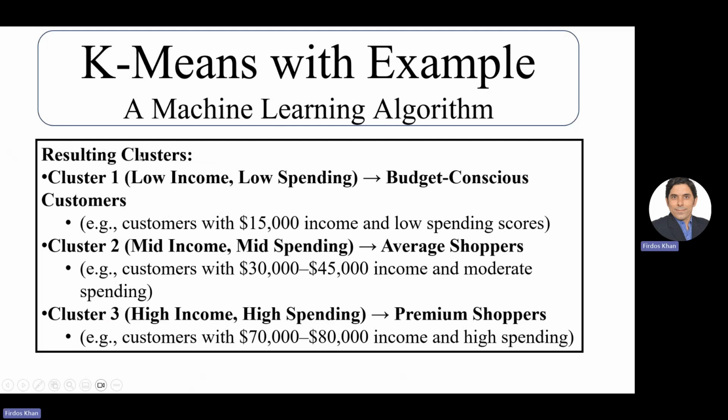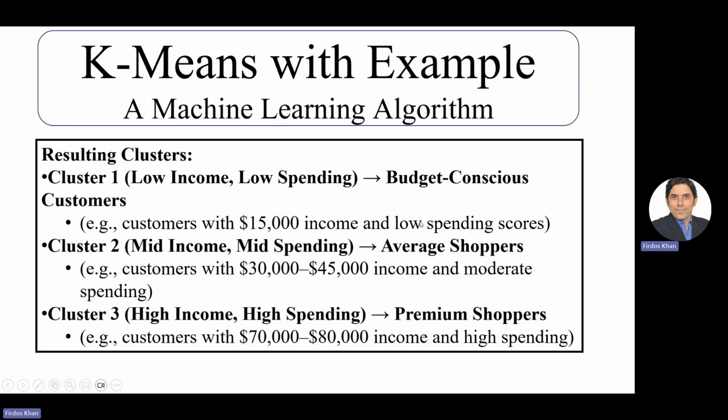So the resulting clusters can look like this. Cluster 1: low income, low spending, budget-conscious customers. For example, a customer with $15,000 income per year and a low spending score.